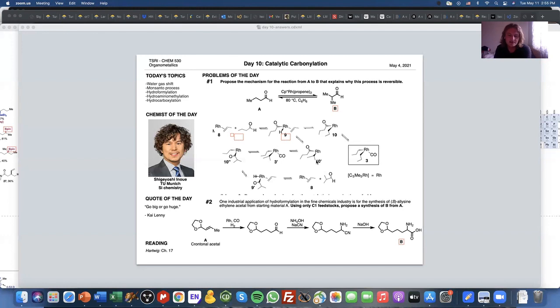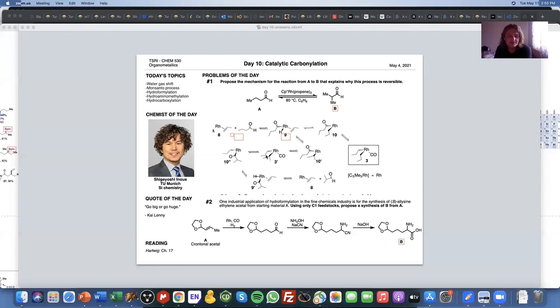However, that's not as fast as 1,1 migratory deinsertion, and so you'll undergo the decarbonylation to form 3 prime. Now this can either reinsert CO into the linear species or the branched species. And indeed, some of it will insert into the branched species to form rhodium acyl complex 10 double prime.